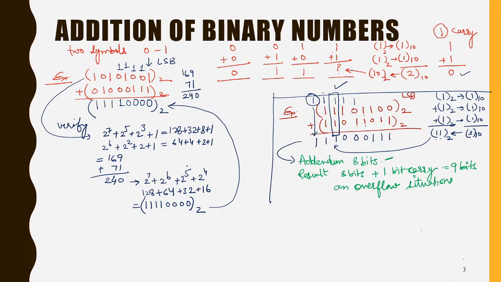Okay, so suppose this was the value of an integer, and this was also the value of an integer. So what will happen if you add one integer into another integer? You get the result, and the result is also stored in an integer kind of variable. So suppose an integer variable takes 8 bits.